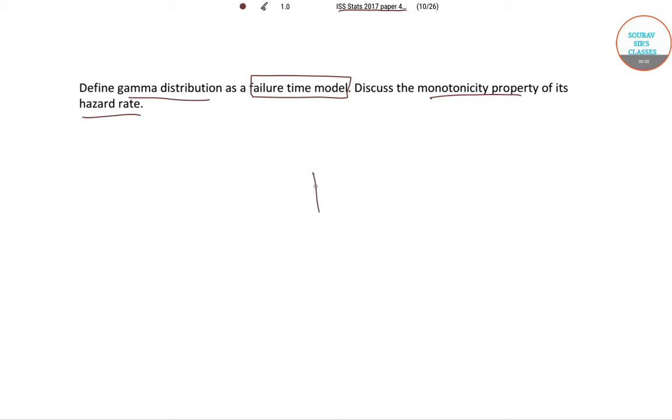Now consider we have this device, and this device is being subjected to shocks.